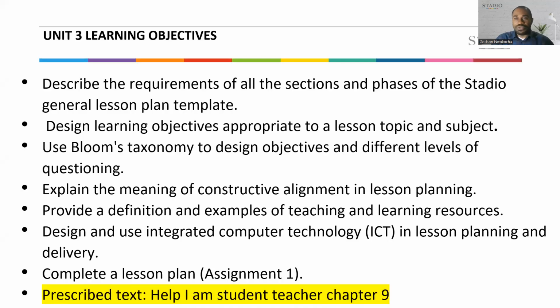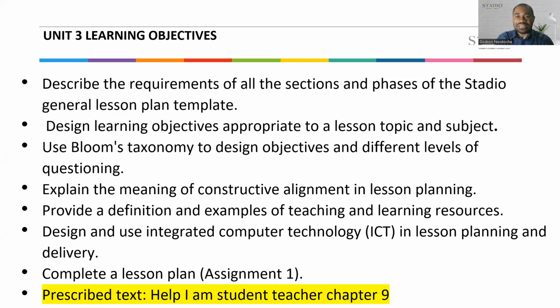We hope that at the end of this session you would have achieved the following objectives. I'm not going to read them one after the other, but the core of it is that by the time we have finished with this unit, you will be able to plan your own lessons and deliver grade and phase appropriate lessons, that you will understand the concept of Bloom's taxonomy.